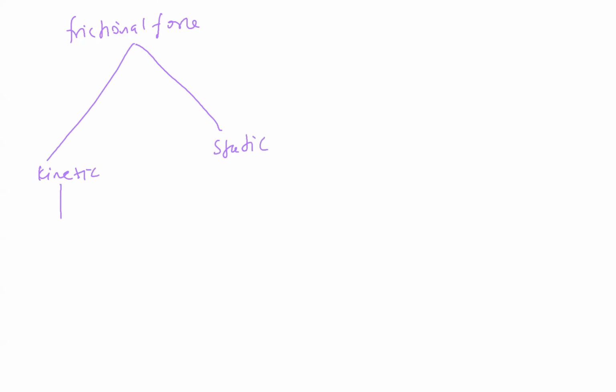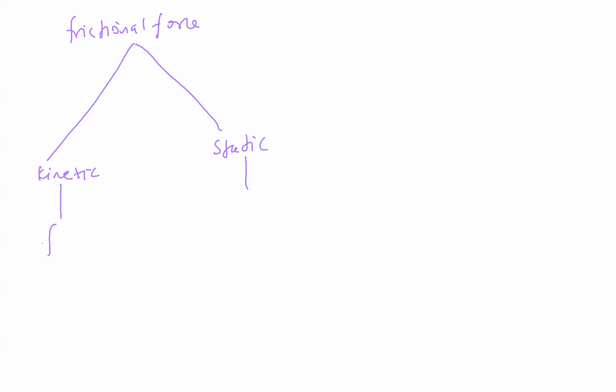The frictional force is divided into two: kinetic and static. Kinetic is the opposition of a moving object, and static is the opposition of a stationary object.